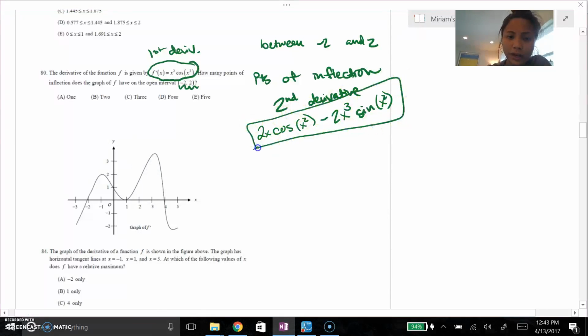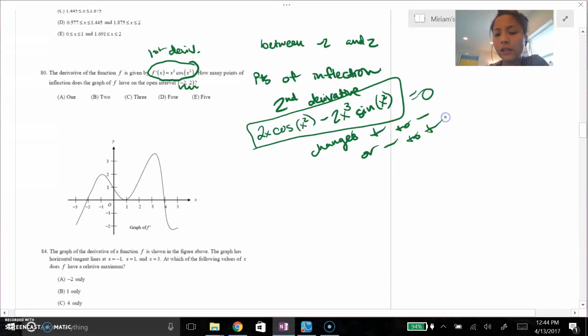Well, we need to find where it equals 0 and where it changes from positive to negative or negative to positive. Let's not make it hard on ourselves. This is the calculator section, so I'm going to graph this and see where it equals 0 and changes from positive to negative or negative to positive. And I'm focusing between -2 and 2.